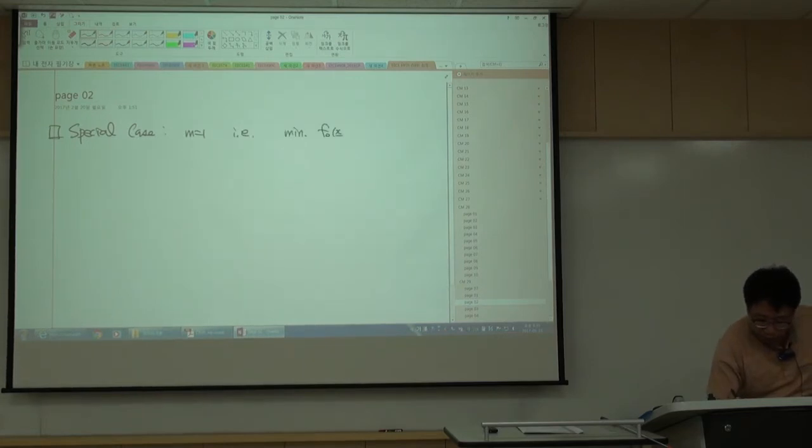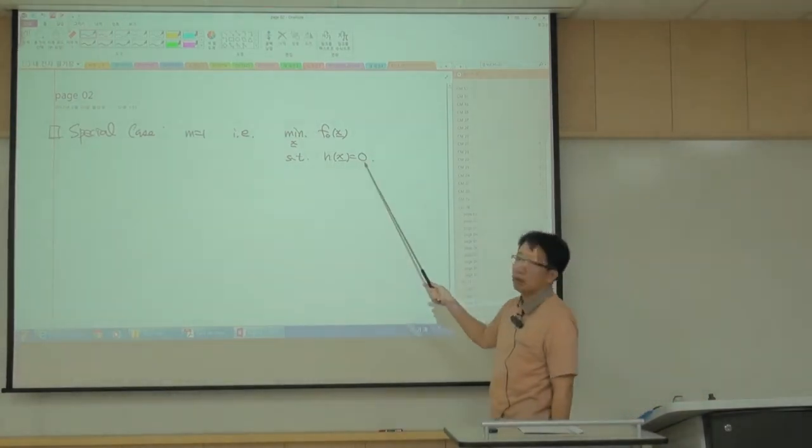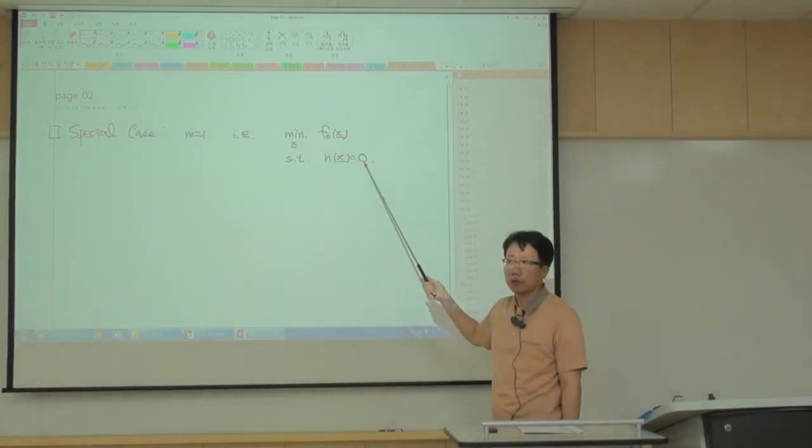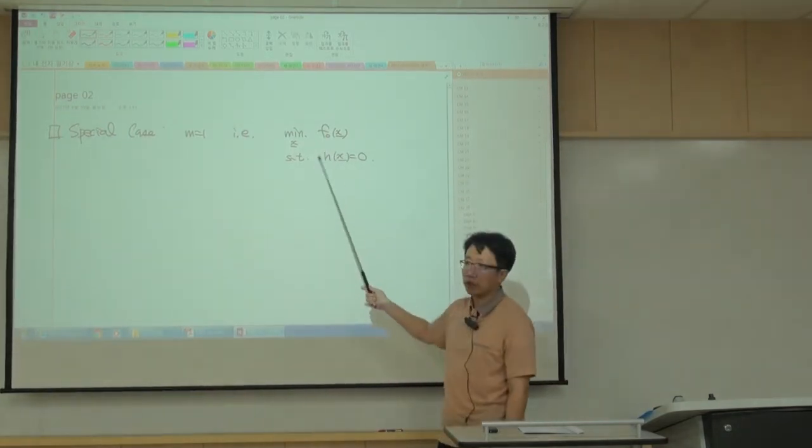Be careful, this is scalar, so I have written a scalar 0. M is the number of equality constraint functions.